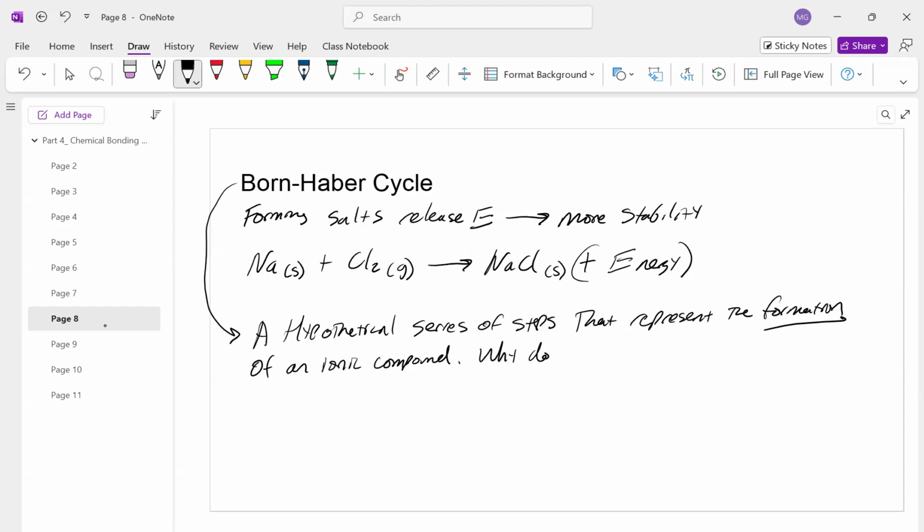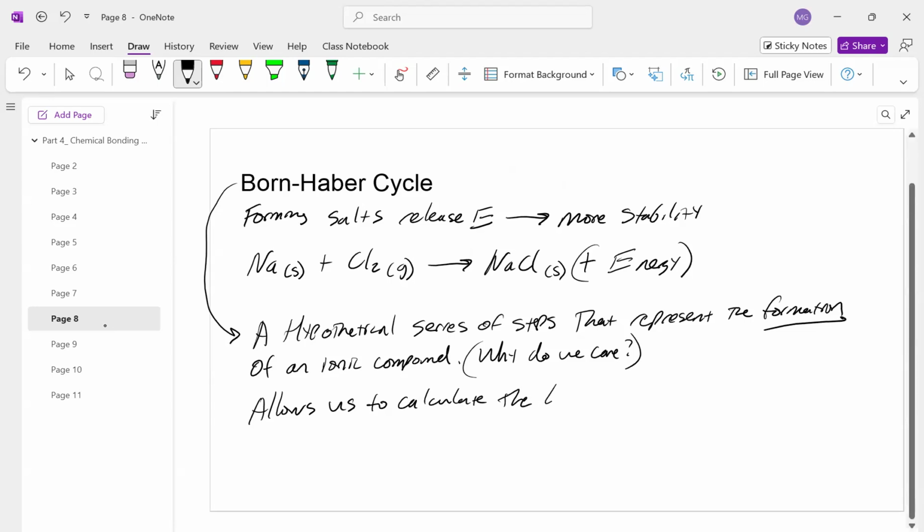Now, why do we care? The main reason is the Born-Haber cycle allows us to calculate the lattice energy of an ionic compound.